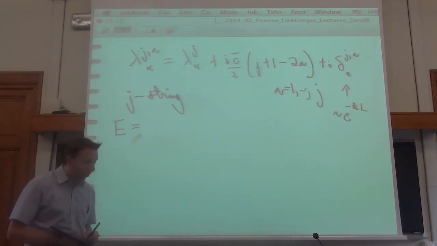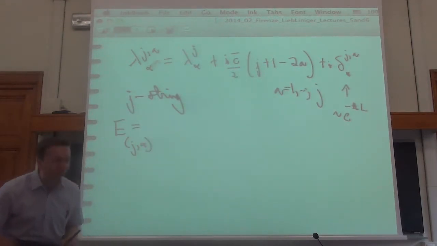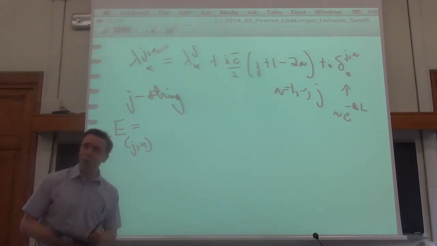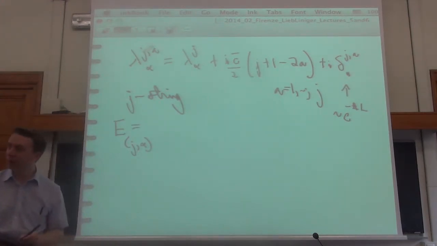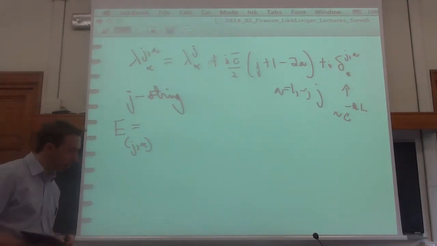So the energy of a string of length j, here alpha is a label for the string, a is an internal label for the rapidities within the string, and j is the length of the string. Lambda j alpha is a real number.